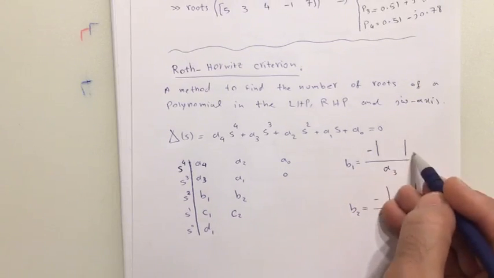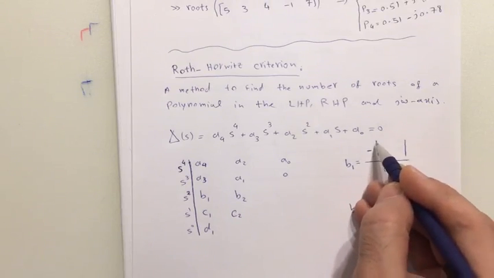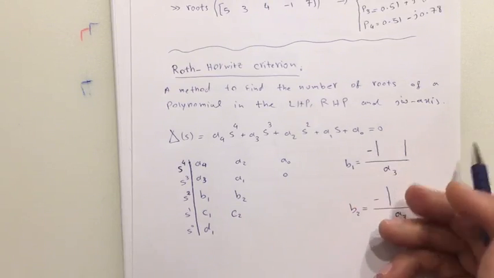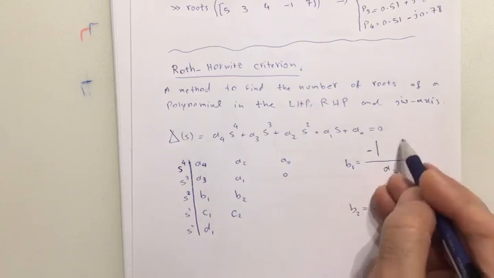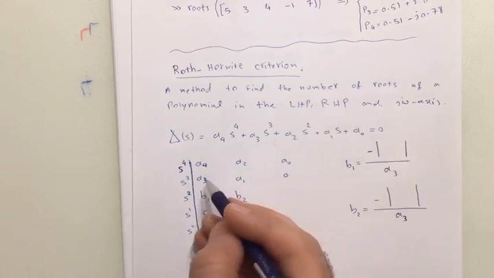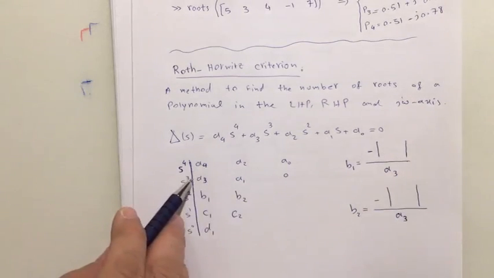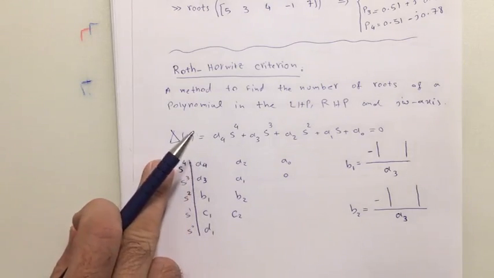In this determinant, basically we have 4 elements because this is a determinant of a 2 by 2 matrix. The first row is always the first column of the 2 previous rows.